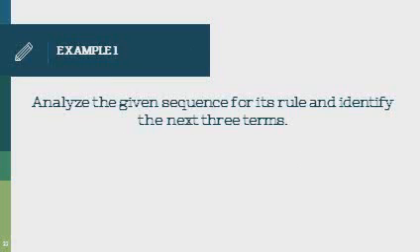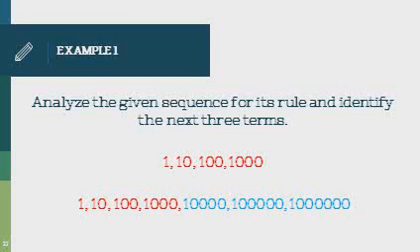Analyze the given sequence for its rule and identify the next three terms. Okay. 1, 10, 100, 1,000. So, identify nyo lang yung kanilang rule, hindi natin pwede sabing common difference eh. So, analyze natin yung rule. Kung mapapansin natin, nagta-times 10 siya.